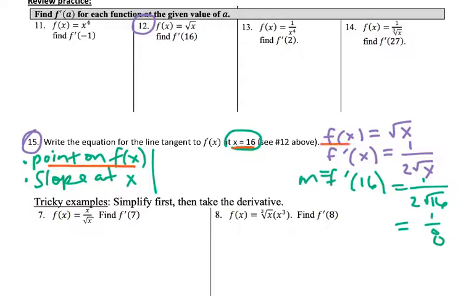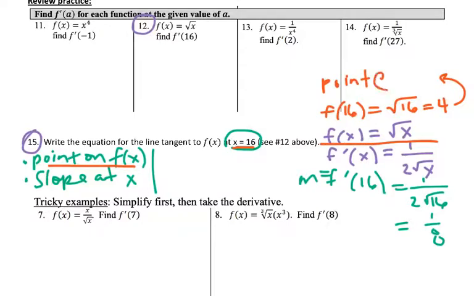For that, you're going to use f of x, and you plug 16 in. So f of 16 is the square root of 16, which is 4. That gives you a point at 16, comma 4. That's our x value and our y value.